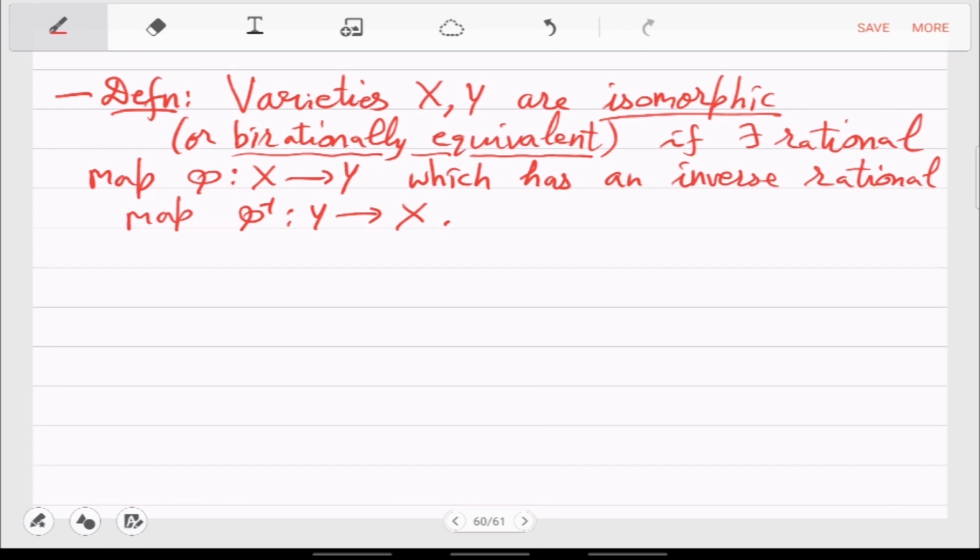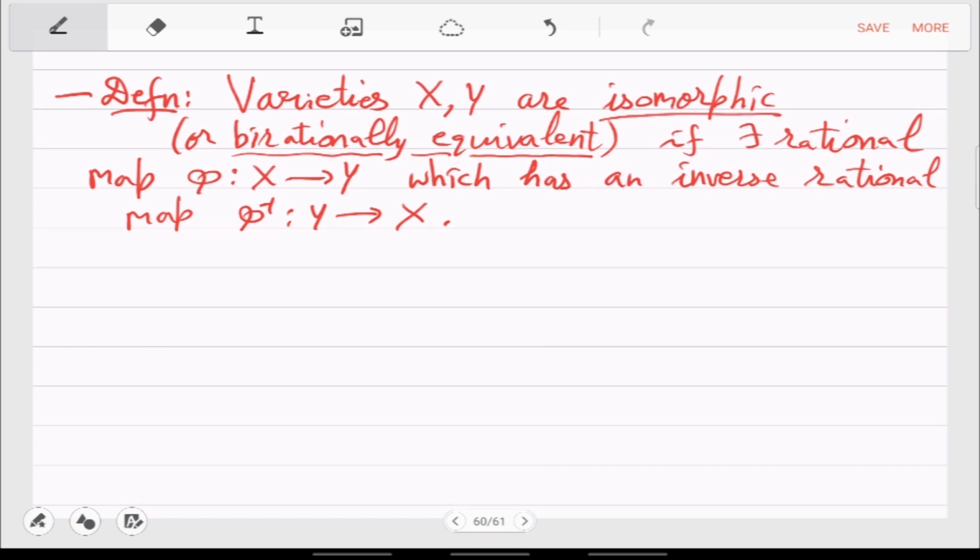No, it's implied, right? Dominance will be implied if you have a rational map which has an inverse. So for now I only say this: we'll say varieties are isomorphic or birationally equivalent if there is a rational map from X to Y and an inverse of that from Y to X.